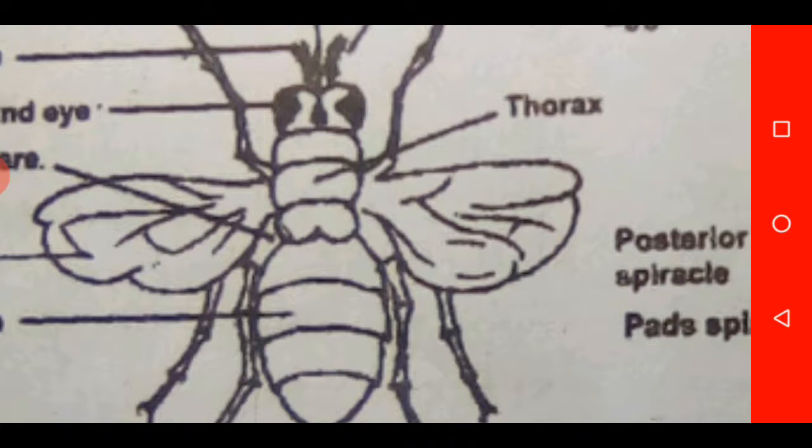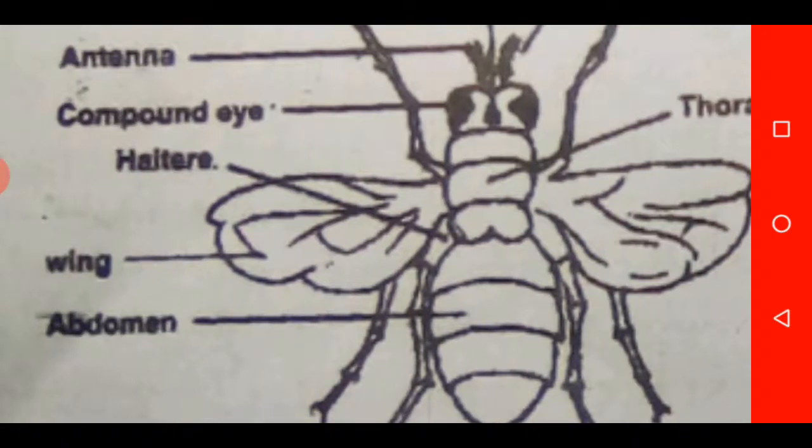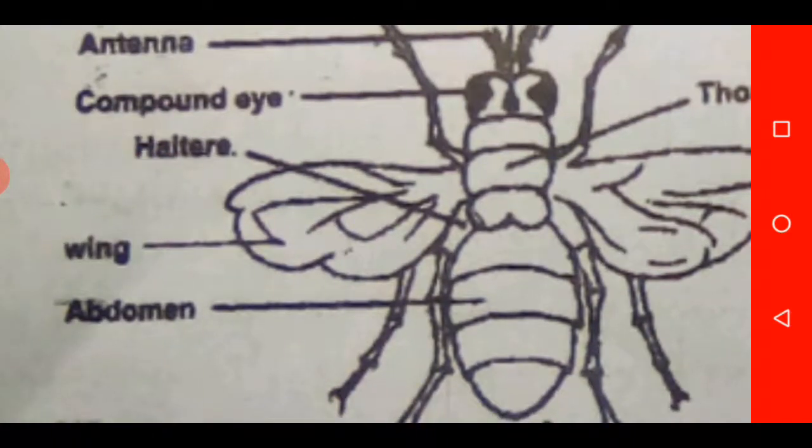Don't forget the insect has three body parts: head, thorax, and abdomen. You can see the head, where we have the antenna and the compound eye. Then we have the thorax region. Then after the thorax, we have the abdominal region. We have the wings.